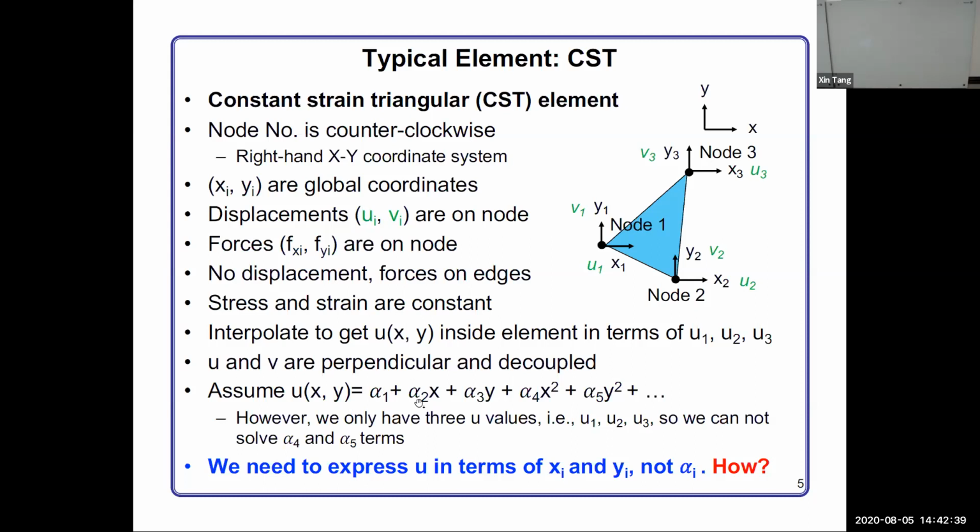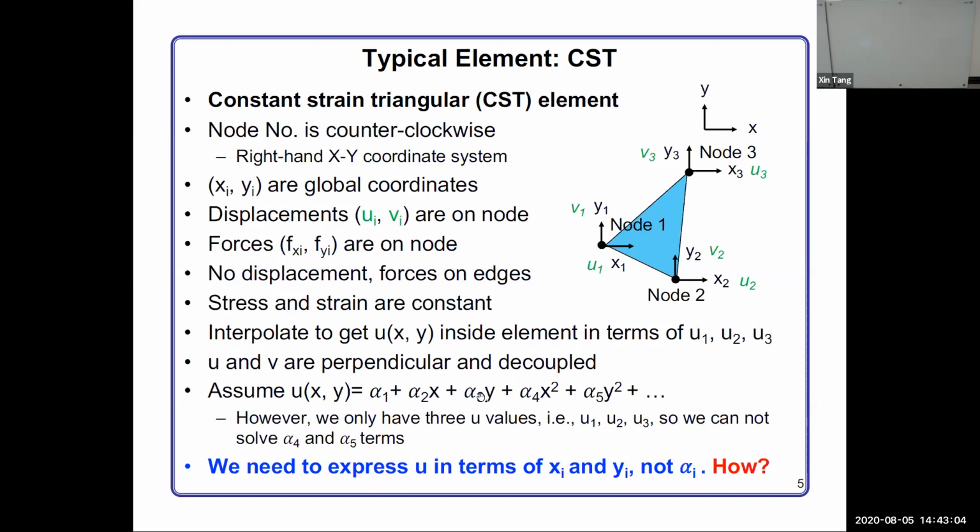In that case, this is a linear equation. Let's look at this equation carefully. Imagine we solved this equation, we have u(x,y) solved here. That is an equation existing in this element. It has a constant term, an x linear term, and a y linear term.